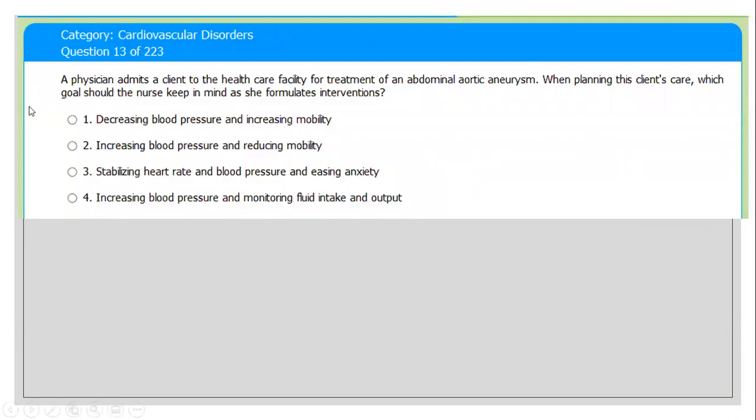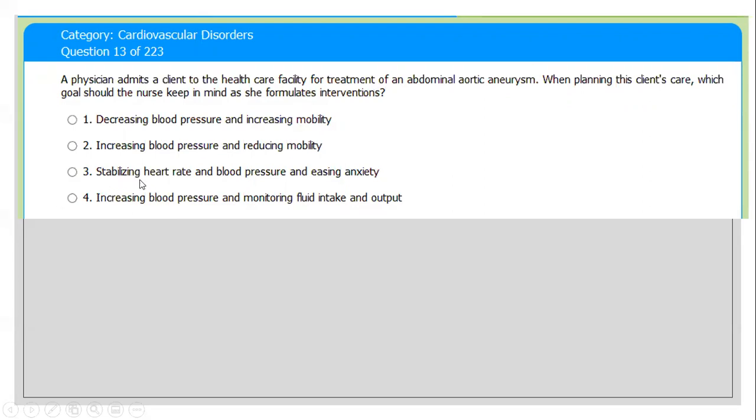Next question: a physician admits a client to the healthcare facility for treatment of an abdominal aortic aneurysm. When planning this client's care, which goal should the nurse keep in mind as she formulates interventions? Number one, decrease blood pressure and increase mobility. Number two, increase blood pressure and reduce mobility.